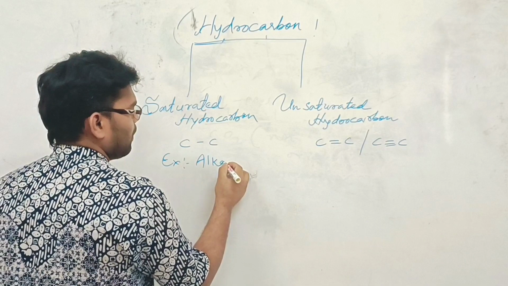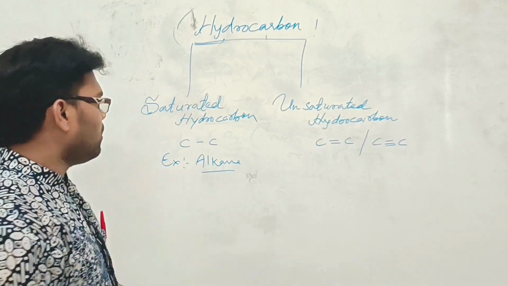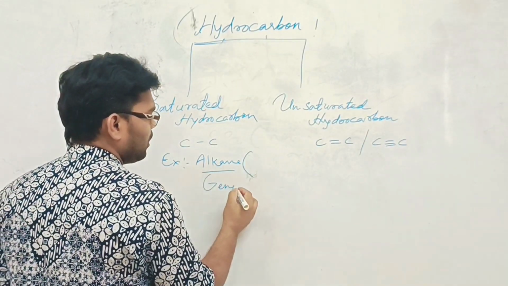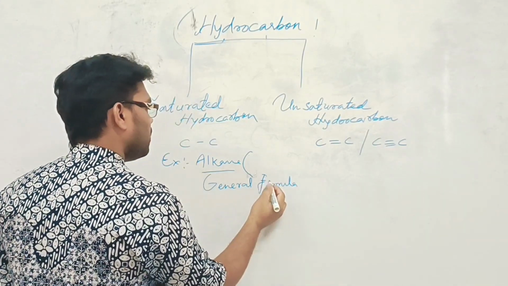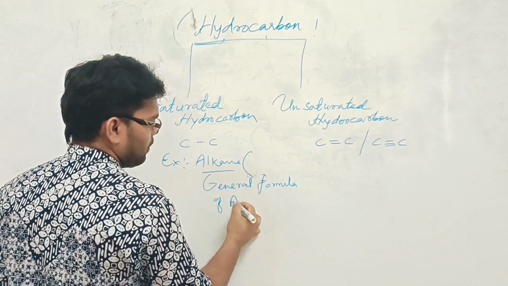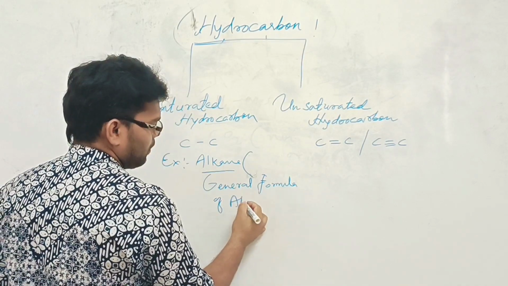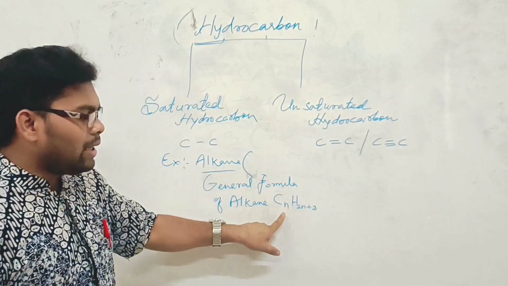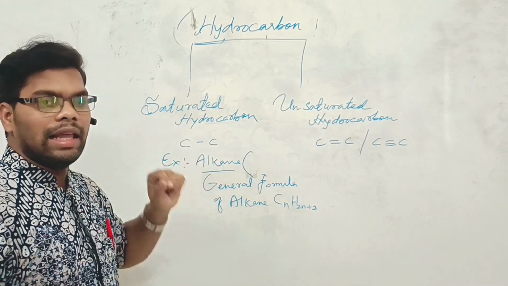These alkane groups are saturated hydrocarbon compounds, and the general formula of alkane is CnH2n+2. Here n is basically a number. You can take a number, and that will give the first alkane.